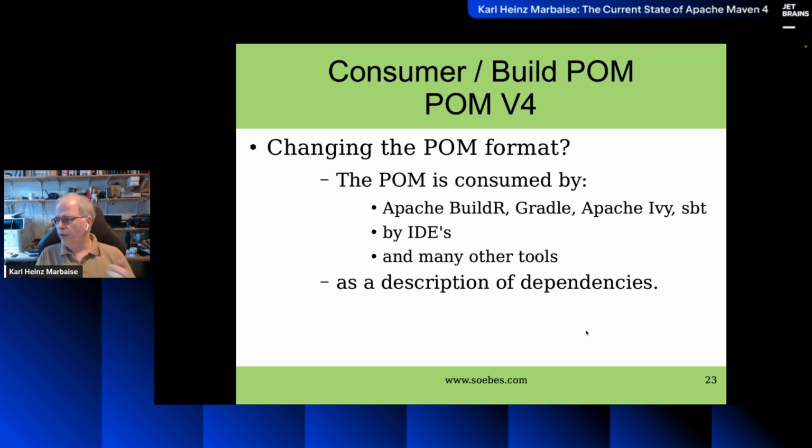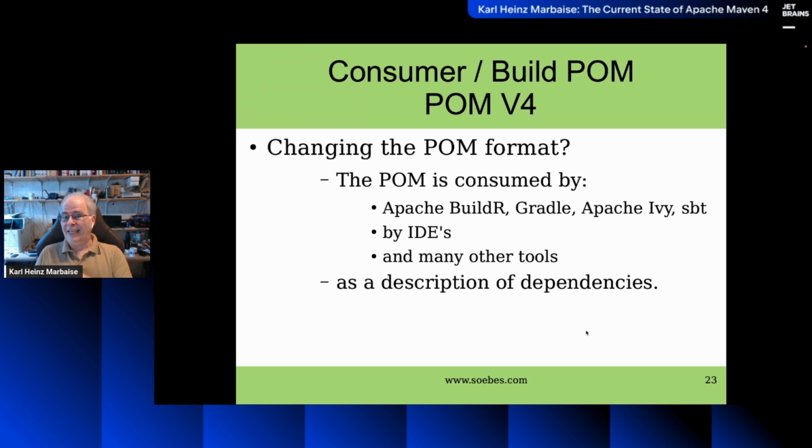So we have also the point here, which is very important, that the POM files in version 4, I mean model version 4.0.0. I'm not talking about the Maven version itself. I'm talking about the model version here at the moment.